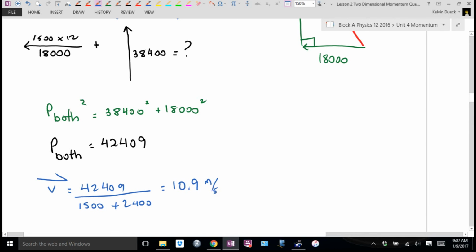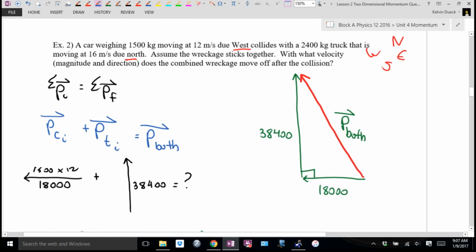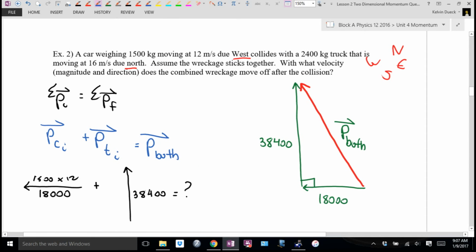This question did not say find the speed. What did this question say? Find the, how do I turn that into a velocity? I need a direction. The direction is always where your vector is originating from. So I'm not going to put theta up here where it's pointing to. It's where it's coming from. Theta is going to go right there.